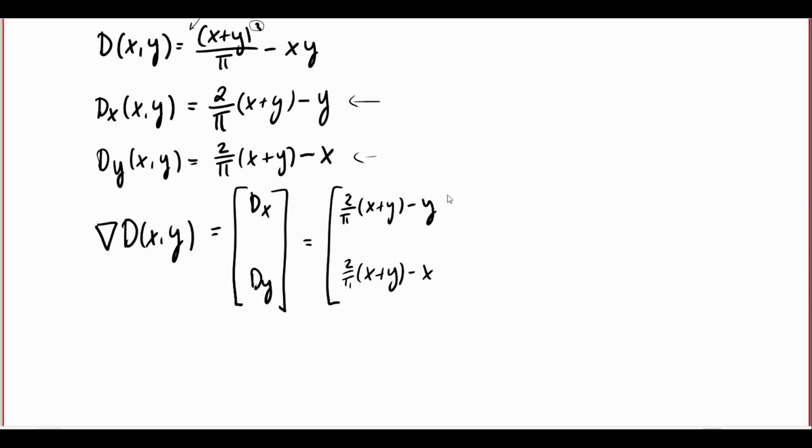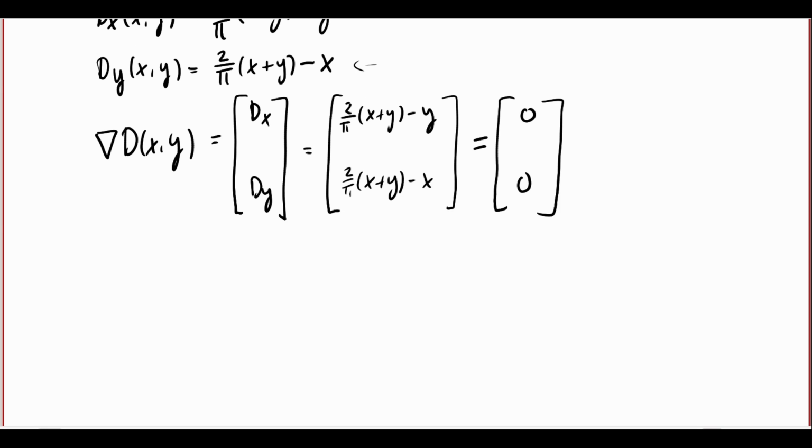Okay, and we want to set it equal to the 0 vector, so 0, 0. So that means we will get a system of linear equations.